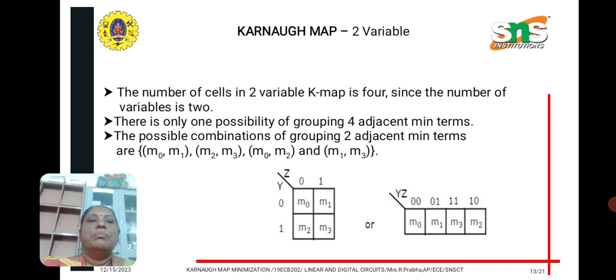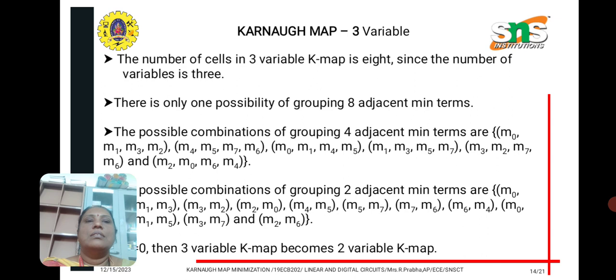There is one possibility of grouping 4 adjacent minterms. The possible combinations of grouping 2 adjacent minterms are m0, m1, m2, m3, m0, m2 and m1 and m3. So next is the 3 variable Karnaugh map. The number of cells in 3 variable Karnaugh map is 8, since the number of variables is 3.